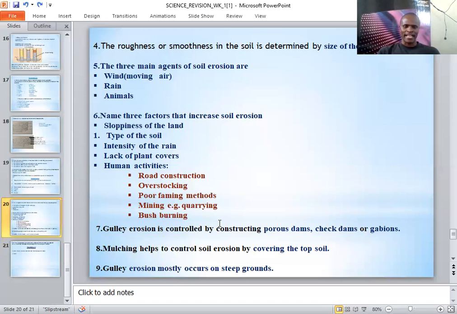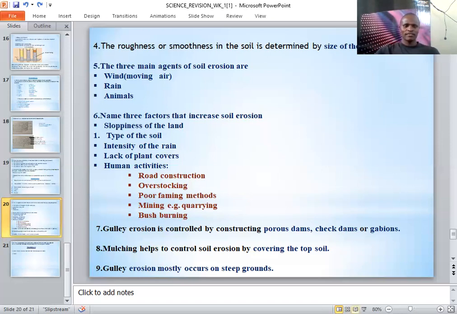Then you have bush burning. When you burn the bushes, you are interfering with the trees or with the vegetation. And when that happens, that place will be highly exposed to wind and to rain, and therefore the soil there will be easily carried away. So I expect all those among your answers.